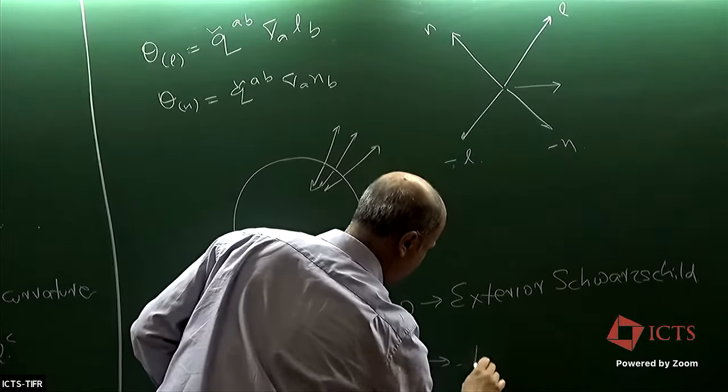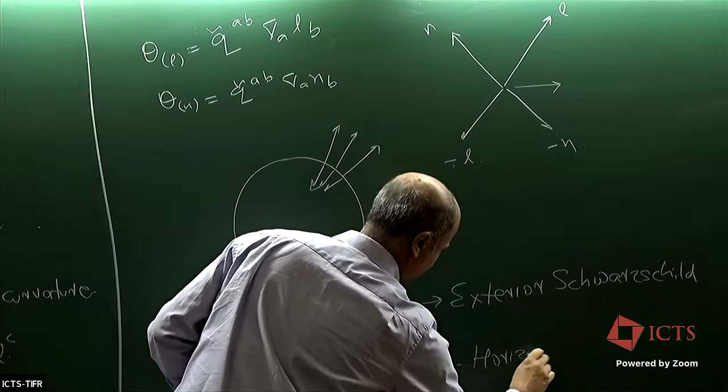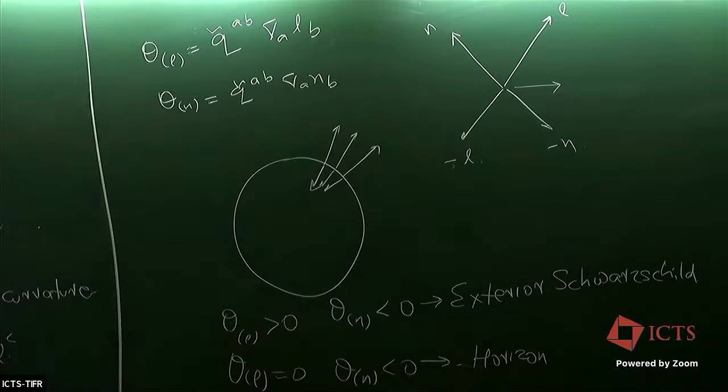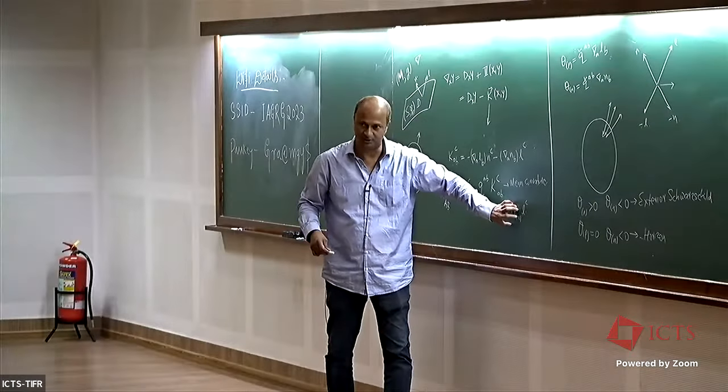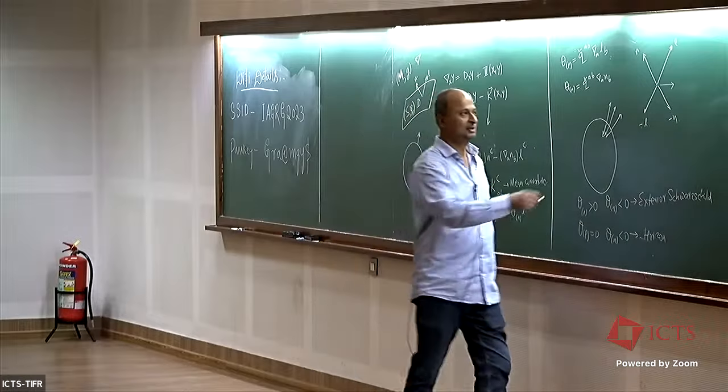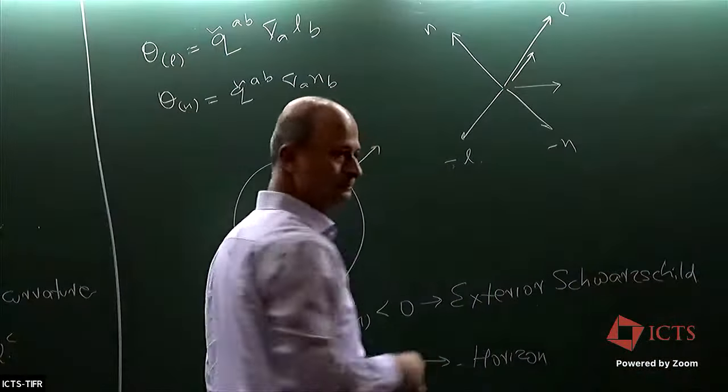So this is, let's call it the horizon. In this case, theta L is 0, so this vanishes, and theta N is negative. So the mean curvature is along the L direction with a positive sign, right? So in that case, it goes along here.